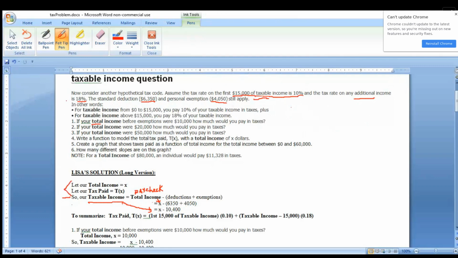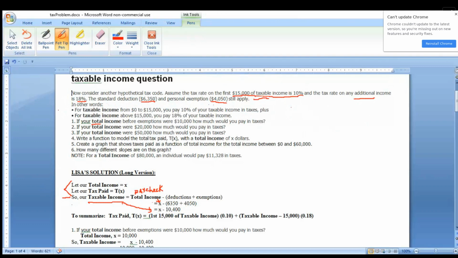So let's go back up to the problem. So the standard deduction $63.50 and personal exemption of $40.50 still apply. In other words, now they're going to kind of explain it. For taxable income from 0 to 15,000, you pay 10% of your taxable income in taxes.